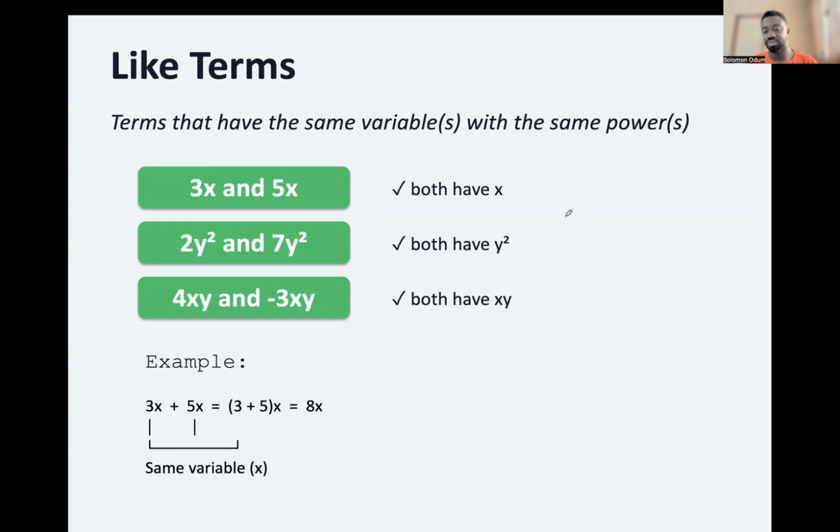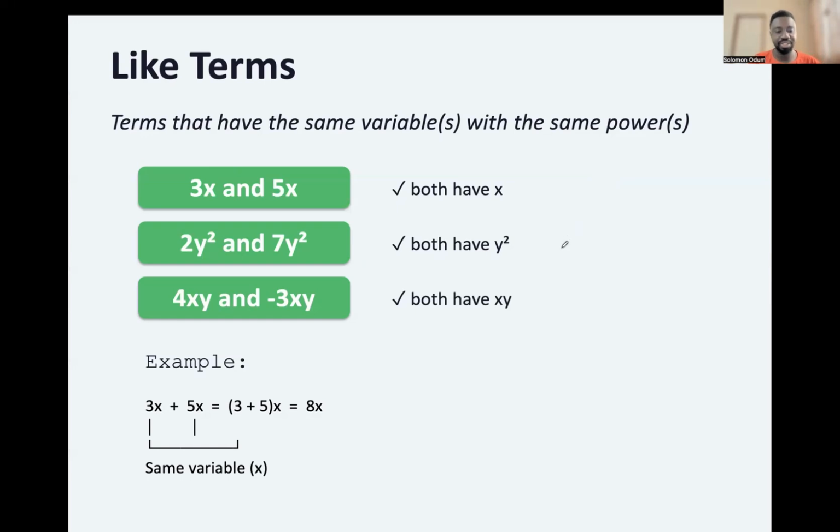If it is x, the power is always raised to 1, so x is x raised to the power 1, exponent 1. If we have y, it is also exponent 1. And the coefficient of x is 1.